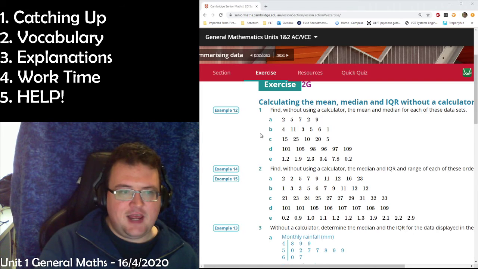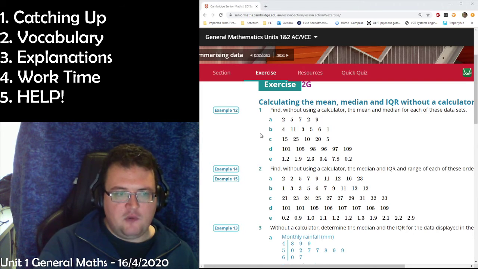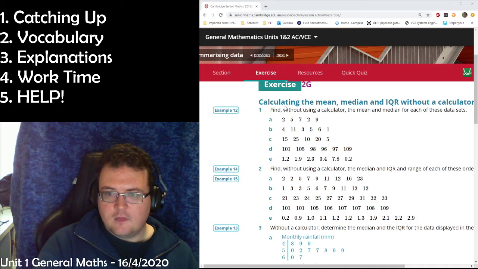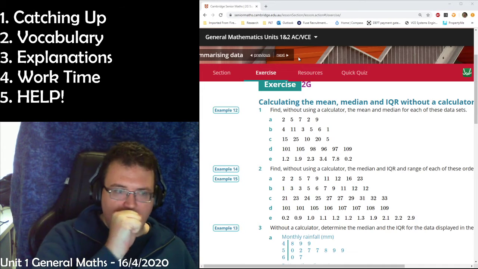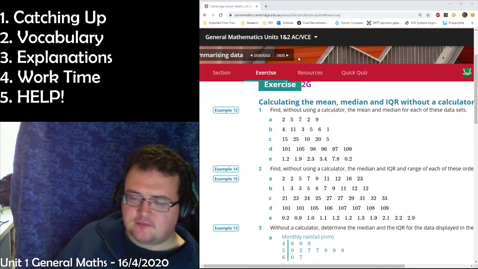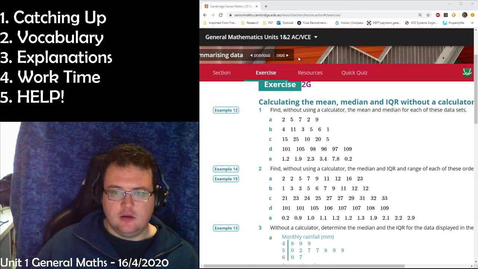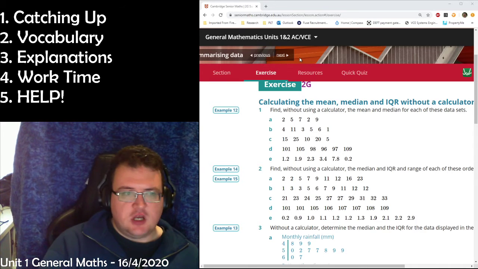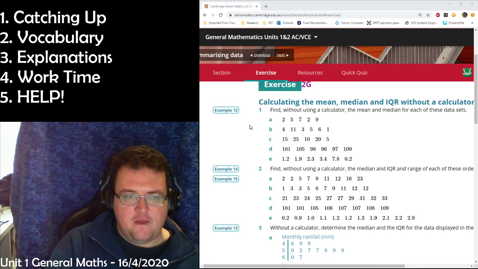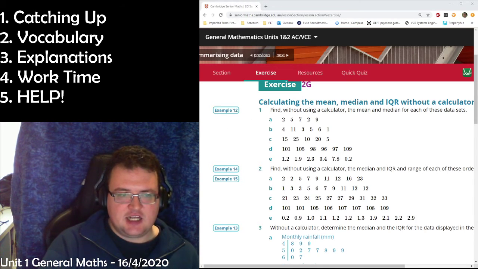Calculate the mean, median, and IQR without a calculator. Obviously, we don't need a mode for this. First question here: without using a calculator, find the mean and the median for these data sets.